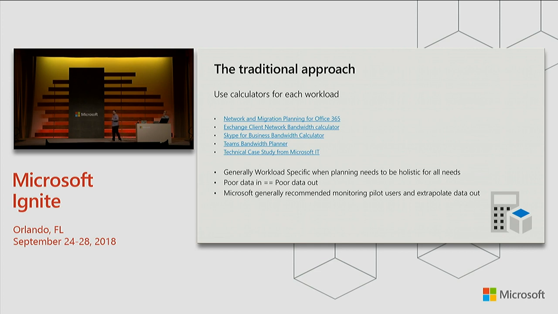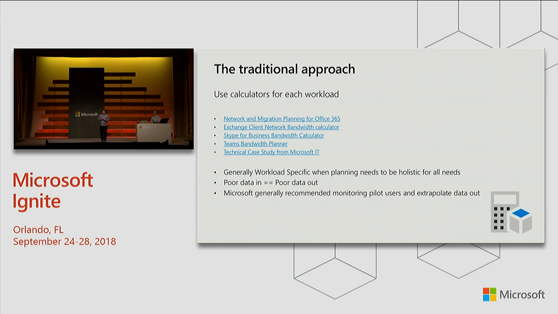They're insanely complicated in some cases. And my problem with them is it looks at a small piece of the puzzle. You look at Exchange as a calculator. I mean, for a start, you've got to assume a profile of a user. Does that match what your user is? I don't know. If we put poor data in, we get poor data out. So we're back to square one, same problem again.